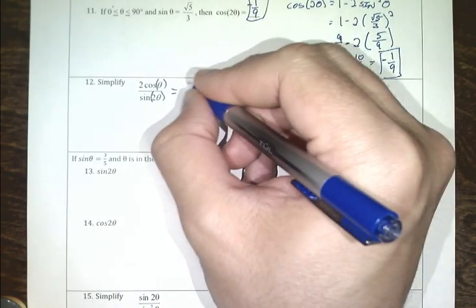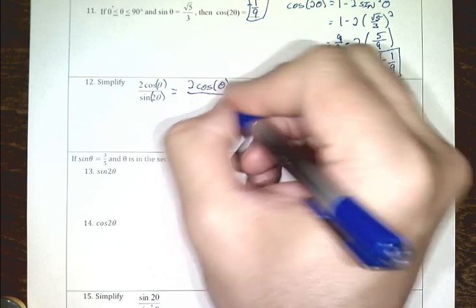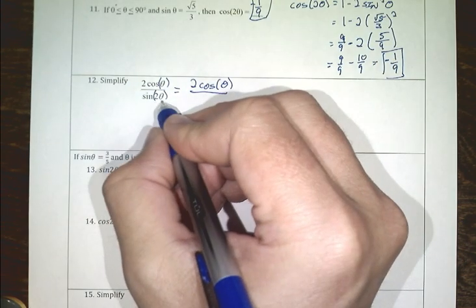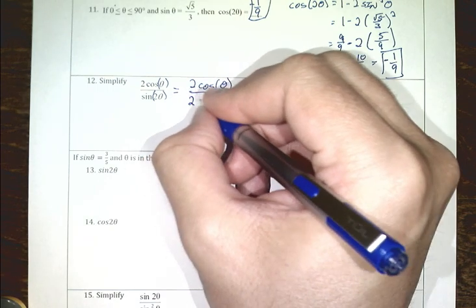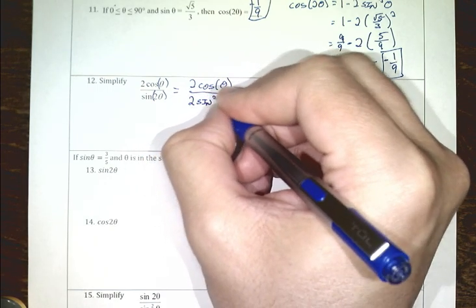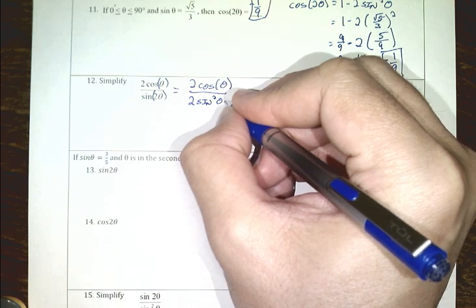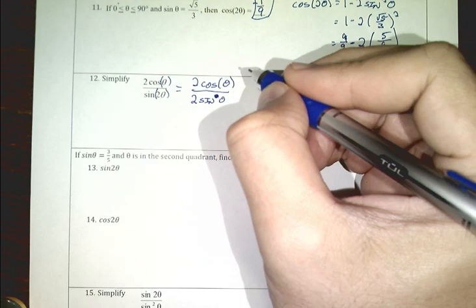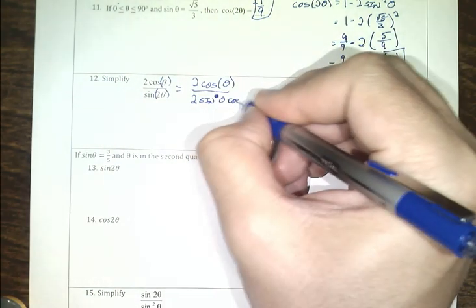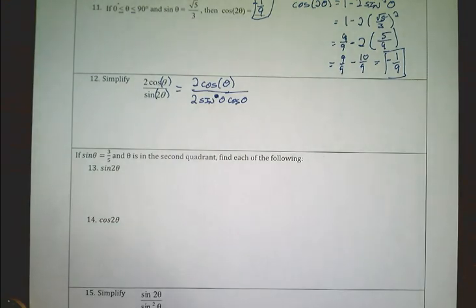So let's start with saying this is equal to 2 cosine theta, and we can change sine of 2 theta to be 2 sine squared theta. No, not 2 sine squared. It's 2 sine theta cosine theta. Yes, that is correct.